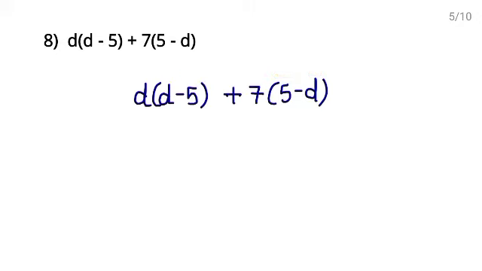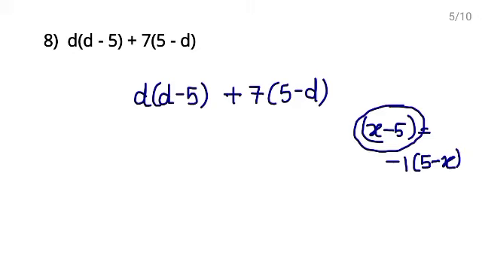Now we know that if we have x minus 5 and we take minus 1 common, then it becomes 5 minus x. If we take minus 1 common outside, the minus term has come outside the bracket, so the signs inside the bracket will change: x becomes minus and 5 becomes plus.